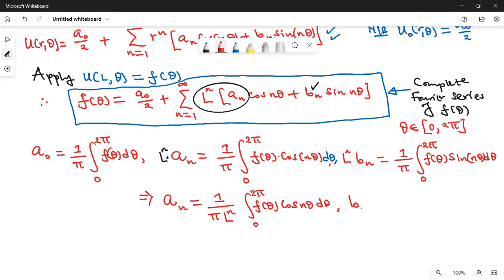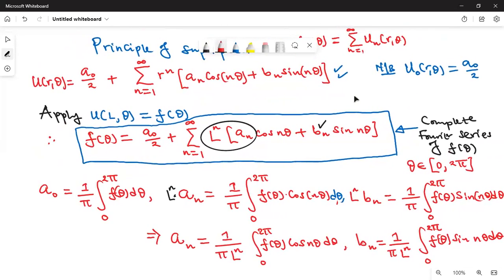Similarly, b subscript n is the same as 1 over pi times L raised to n, the integral from 0 to 2 pi of f of theta times sine of n theta d theta. So that's what we have. Now we know the Fourier coefficients, and so we can substitute them back into our solution, and that will be our general solution or the particular solution of the given PDE.